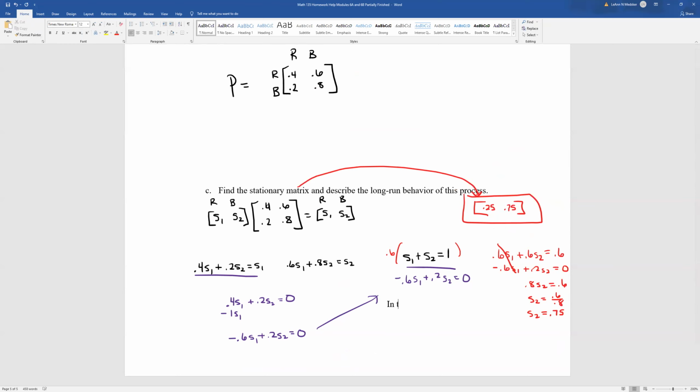Well, in the long run, because that's what it is, long run behavior is what this stationary matrix is. 25% of our draws will be from the red urn, and 75% of the draws will be from the blue urn, because remember blue was the second position.